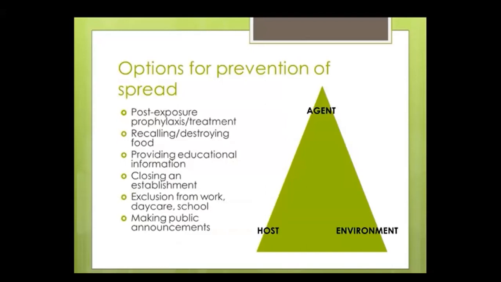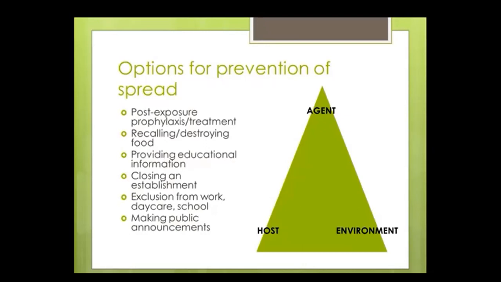This is the epidemiological triangle that we use to try and prevent the spread of a disease. We work to kill the agent or protect the host from contamination or alter the environment so that the two never meet. And we do this through post-exposure prophylaxis or treatment of patients. We do it by recalling or destroying contaminated food.